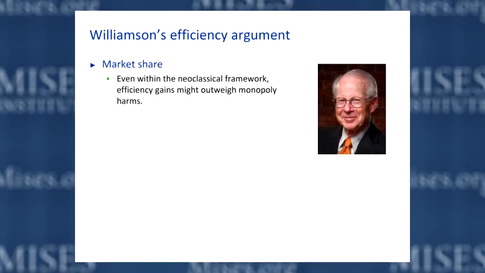Now, my old dissertation advisor and 2009 Nobel laureate Oliver Williamson made some interesting arguments, really coming from a neoclassical perspective, but a more subtle and more savvy neoclassical perspective, against the standard treatment of antitrust and monopoly. Williamson points out that even within the neoclassical framework, a large firm with a large market share might actually have a lower per-unit cost than smaller firms.